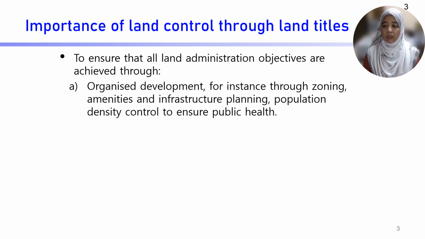By controlling the population density, you can in fact control the traffic, for instance, and control the demand on the infrastructure, so there will not be an overburden to the carrying capacity of the site. We call it carrying capacity.